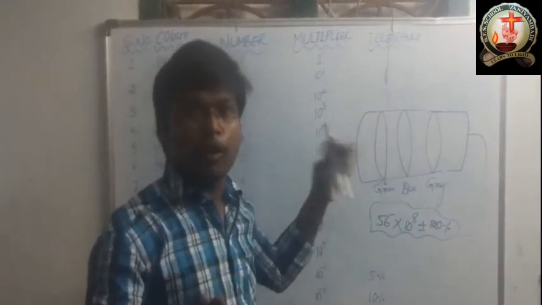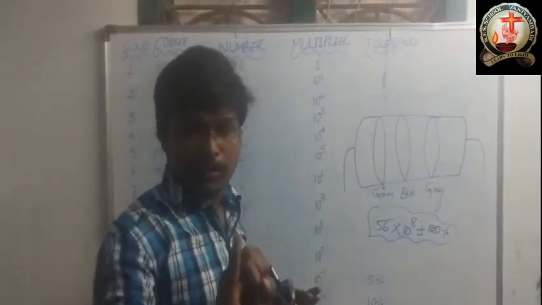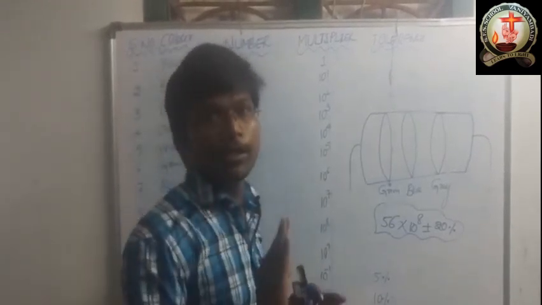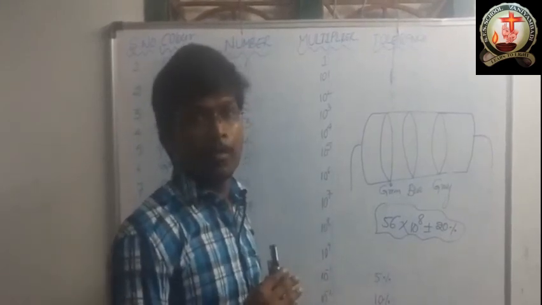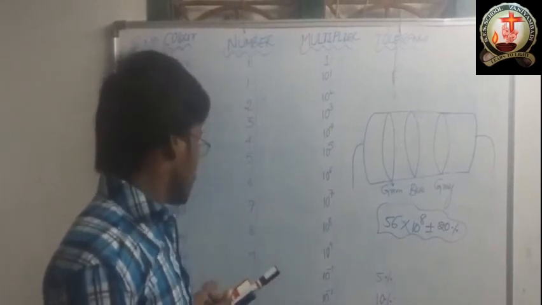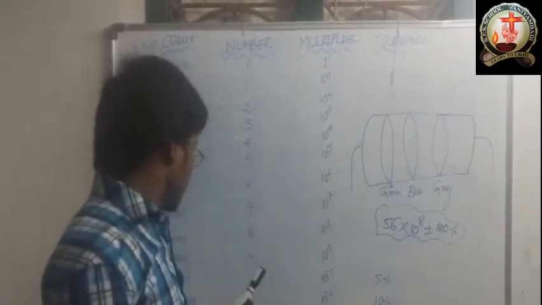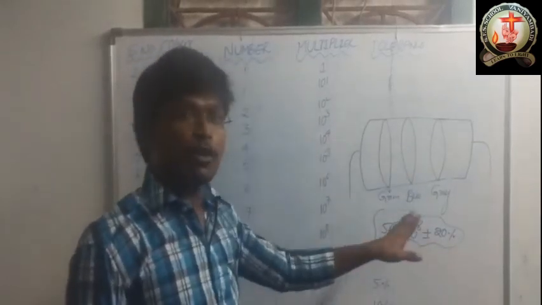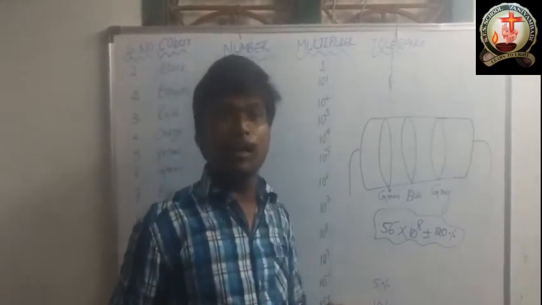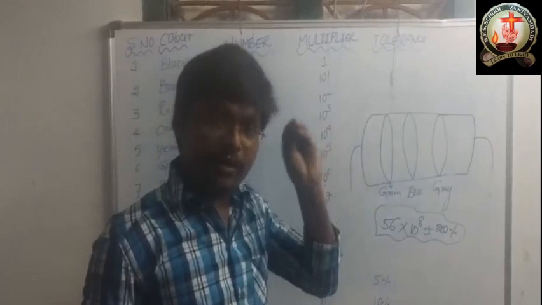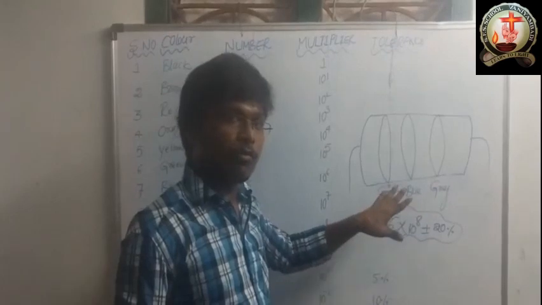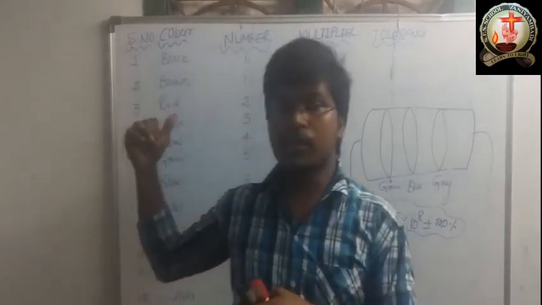Fourth ring gold means tolerance 5%, silver means tolerance 10%, and if it is not there, that is colorless, with tolerance value 20%. So for any carbon resistor, you can find the resistance value like this by the use of this table.